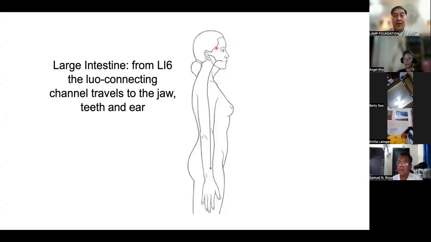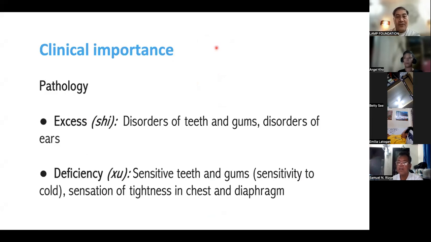So I presume you already know the clinical significance of that. So for excess conditions, pag disorders of the teeth and gums, you would know what pathway is involved, right? Disorders of the ears, diba? Yung isa papunta sa teeth, yung isa papunta sa ears. Pag deficiency po, especially pag kailangan mo na ng yung isang brand ng toothpaste, we won't mention, sensitive teeth and gums, okay.